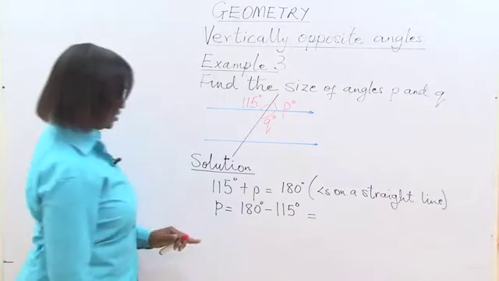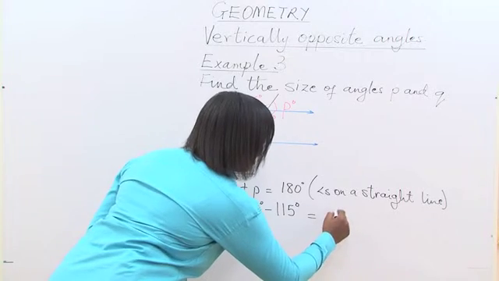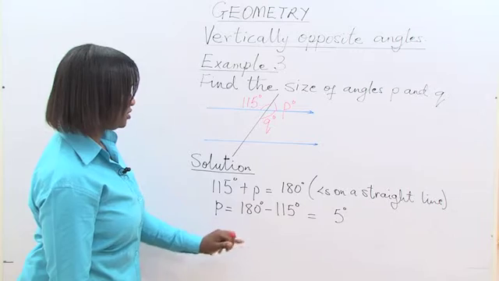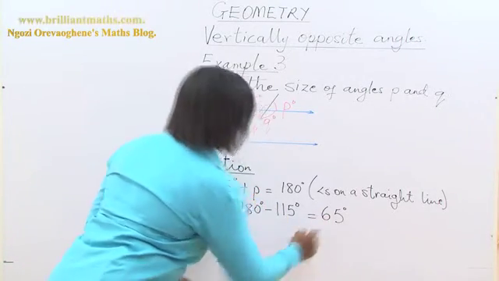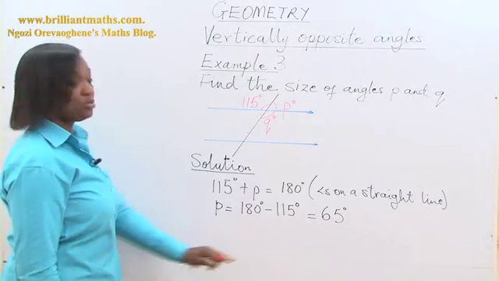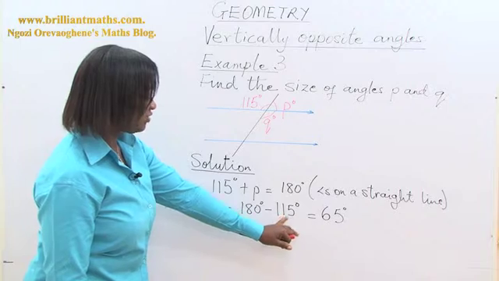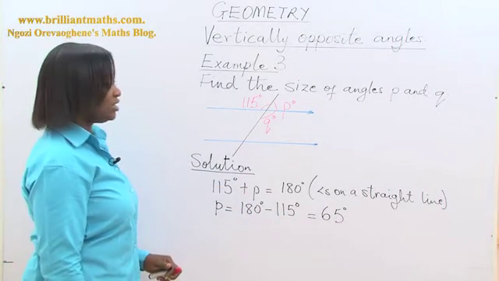So that will give us 10 take away 5 is a 5. We have 1 there and we have 7. 7 take away 1 is 6. So P is equal to 65 degrees. If you add 65 to 115, you get 180 degrees.